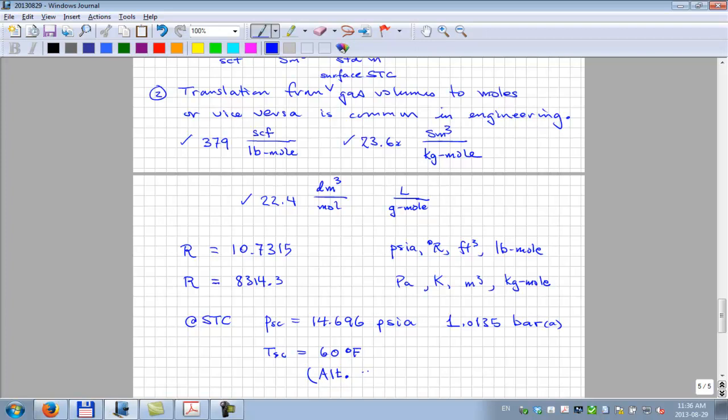Sometimes countries or different, not petroleum engineering societies, but other societies may use 20 degrees C, and some of them I think maybe even use 25 degrees C, but at least you can use 60 degrees Fahrenheit because this is the Society of Petroleum Engineers standard. So this might be other societies or countries.